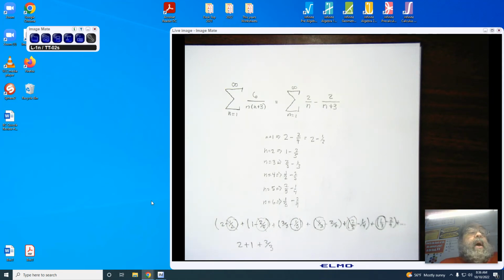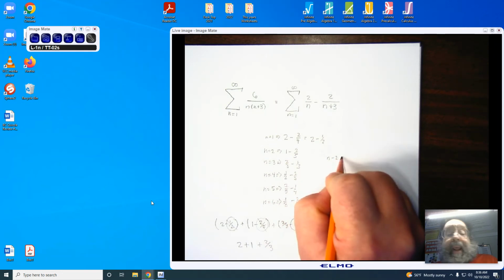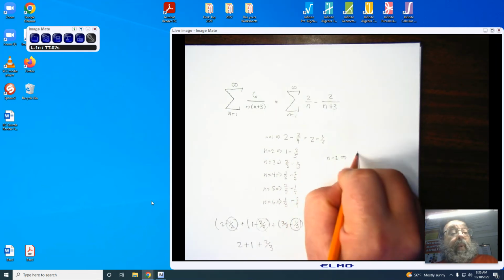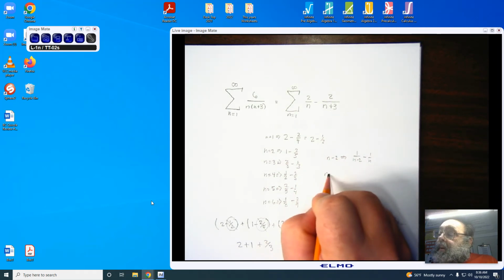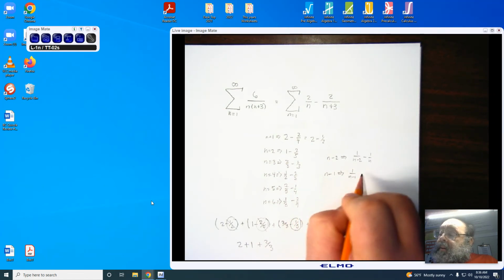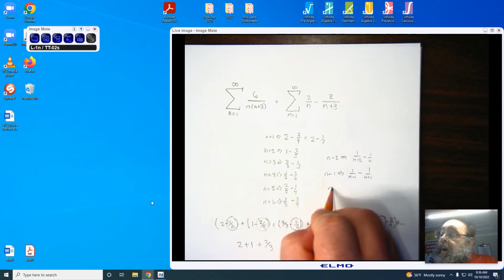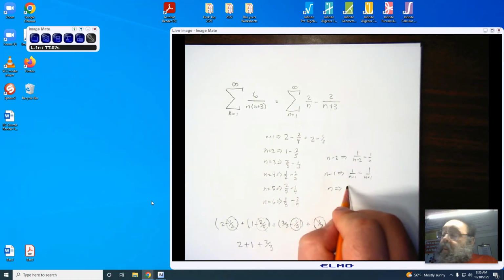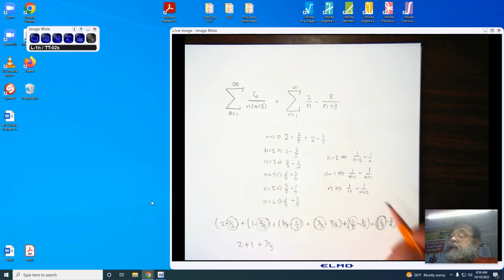Now, all the way at the other end, we have n minus 1, n minus 2, etc. So if I were to find n minus 2 and work my way to n, I'm going to get 1 over n minus 2 minus 1 over n. N minus 1 is 1 over n minus 1 minus 1 over n plus 1. And then when I have n, I have 1 over n minus 1 over n plus 2.